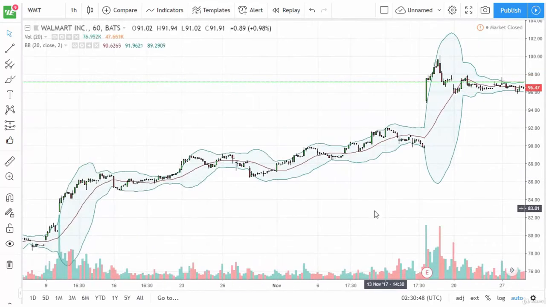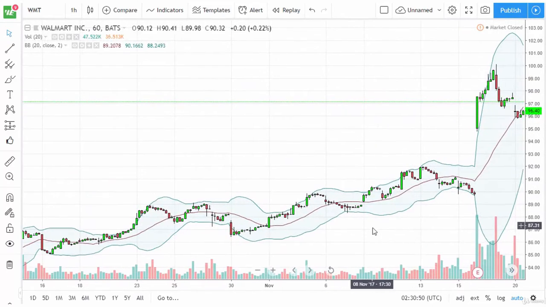Some people will get a little bit cute with these things, and they'll just simply buy and sell on both sides when we reach those levels. And that's fine, especially on closing outside of it, but it doesn't always work. Like everything else, there is no magic bullet.